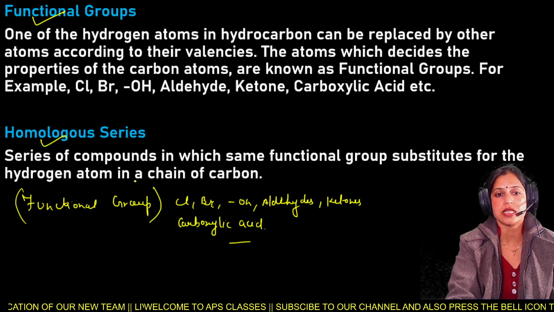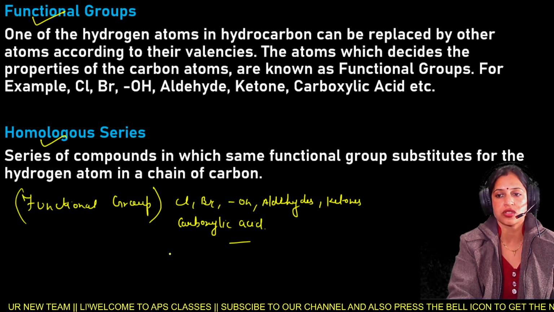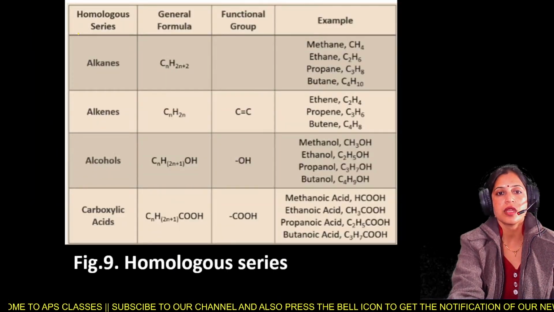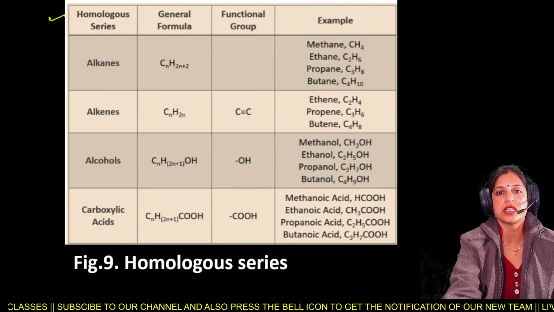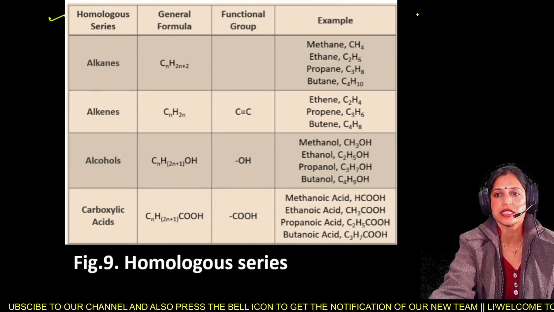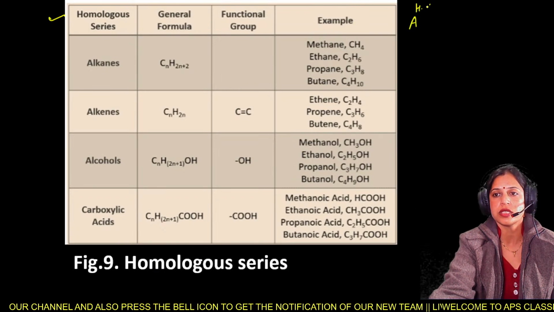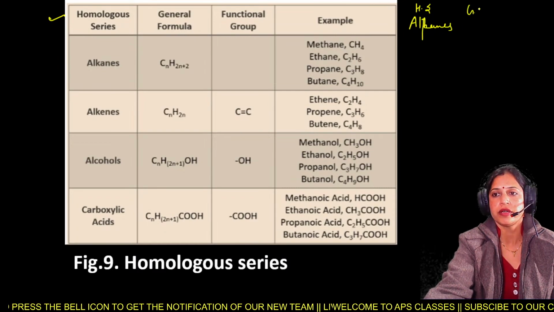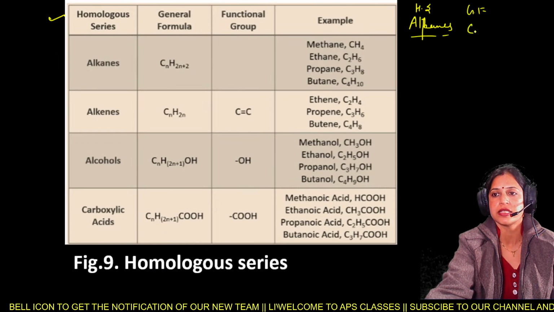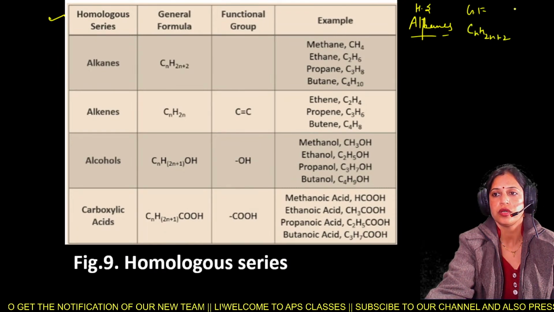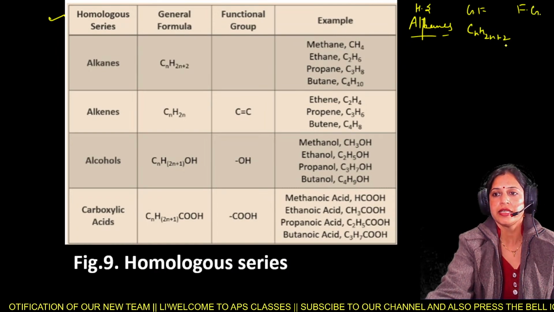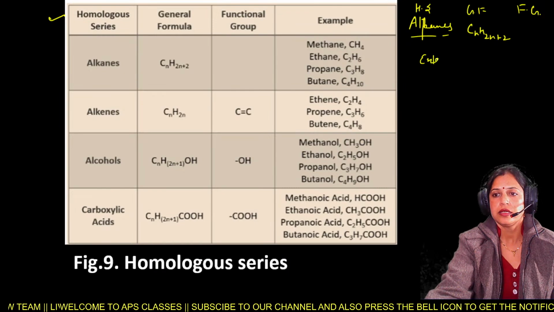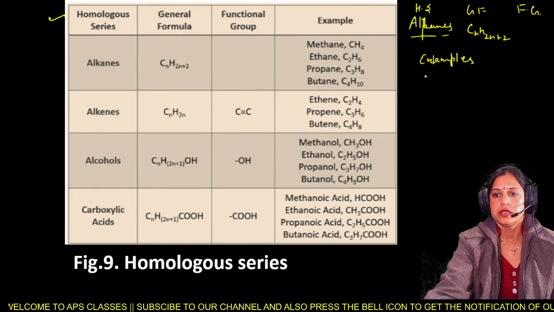Next is homologous series. It is a series of compounds in which the same functional group substitutes for the hydrogen atom in a carbon chain. Here we have the general formula, the functional group, and examples. For example, alkanes have the general formula CnH2n+2.